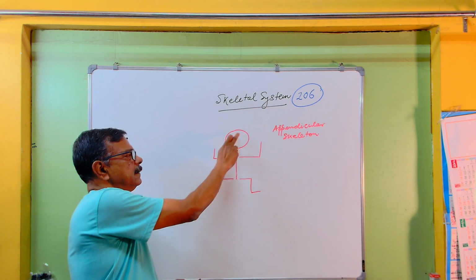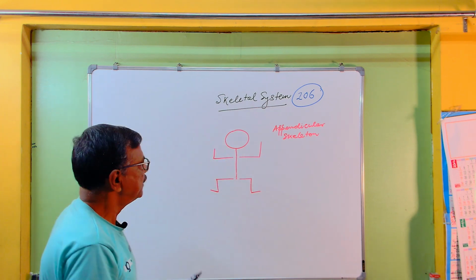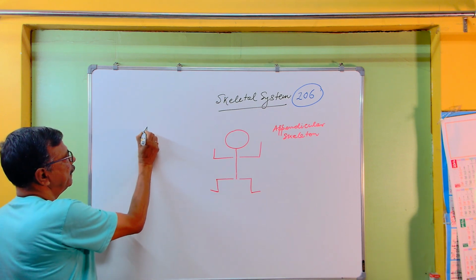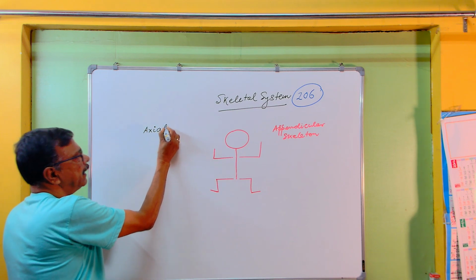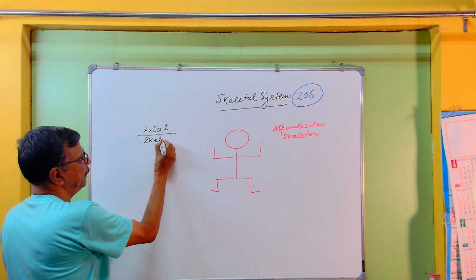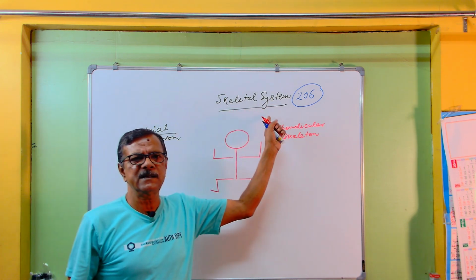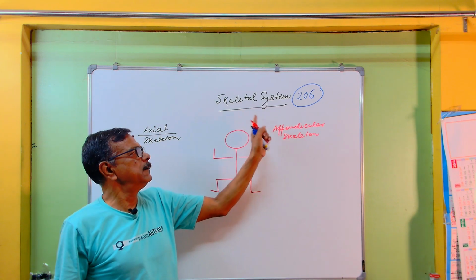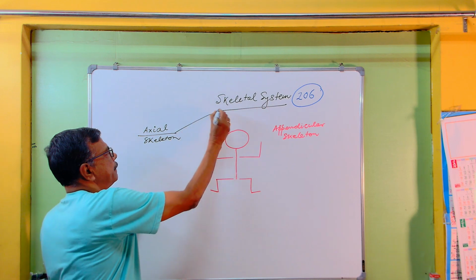And the rest, this and this, and the vertebral column, constitute the axial skeleton. Clear? So our skeletal system can be divided into the appendicular skeleton and the axial skeleton.